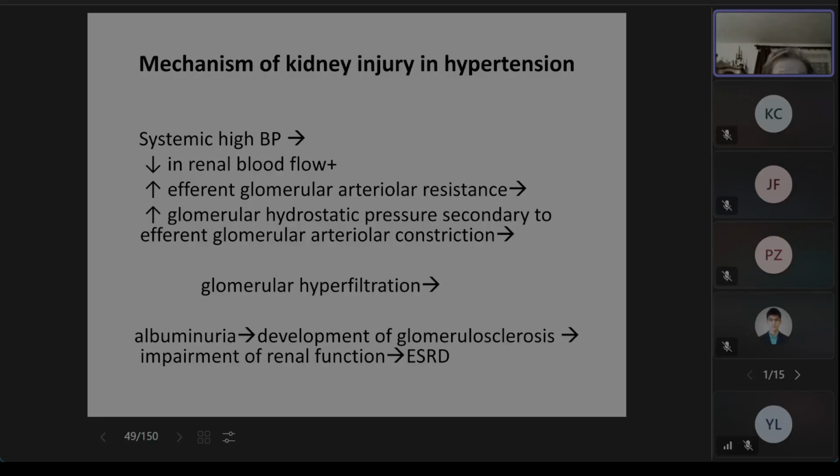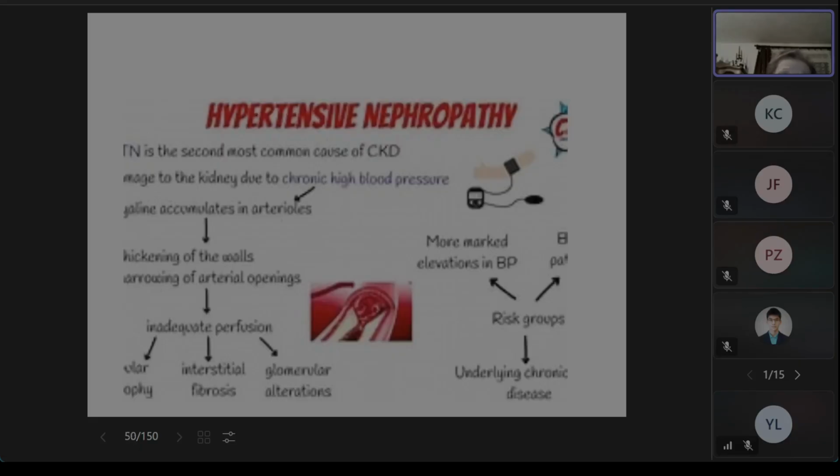The injury, the hypertensive nephropathy, you can see on this slide. You can find on the slide that hypertension, general hypertension, can lead to constriction of arterioles and can lead to the thickening of the walls of capillaries, and in this way, sclerotization of the glomeruli.